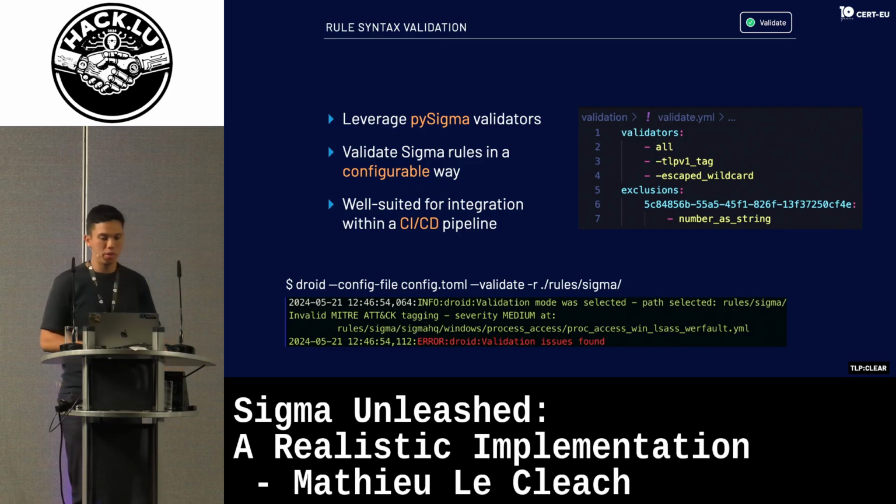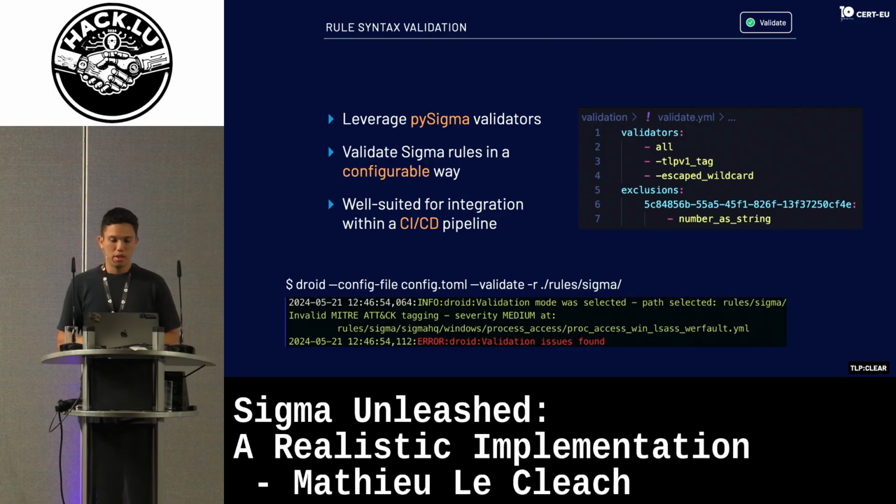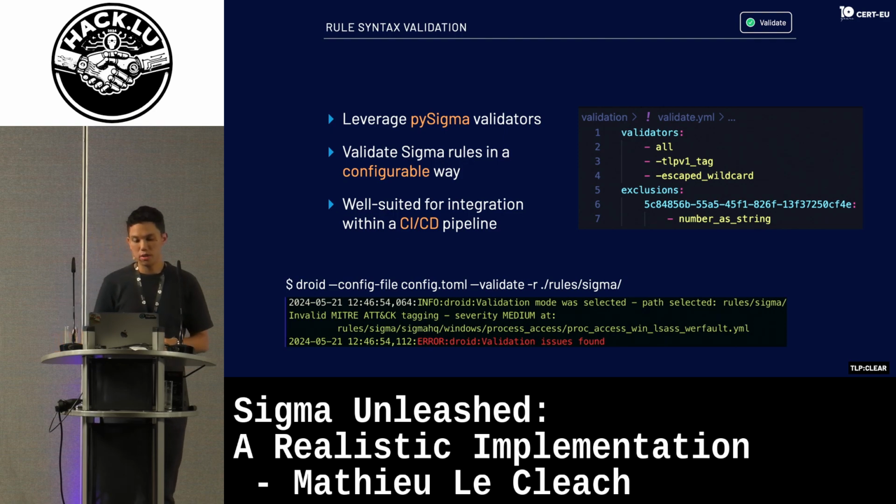So now we go through all the features. In the validation process, we use the PySigma validators. Sigma has native validators, where a validator checks if your Sigma rule respects the specification, and it will also check your detection logic.